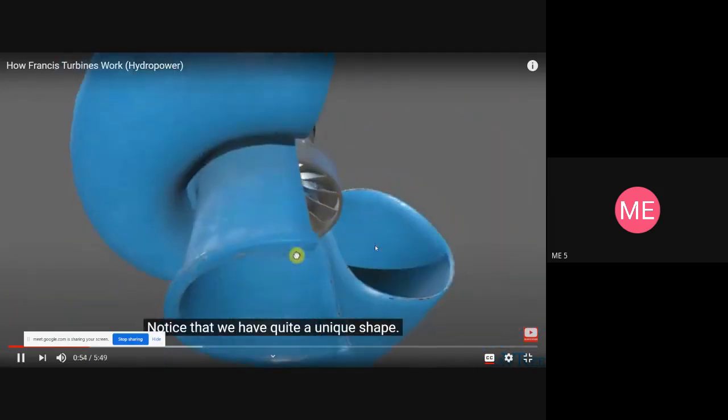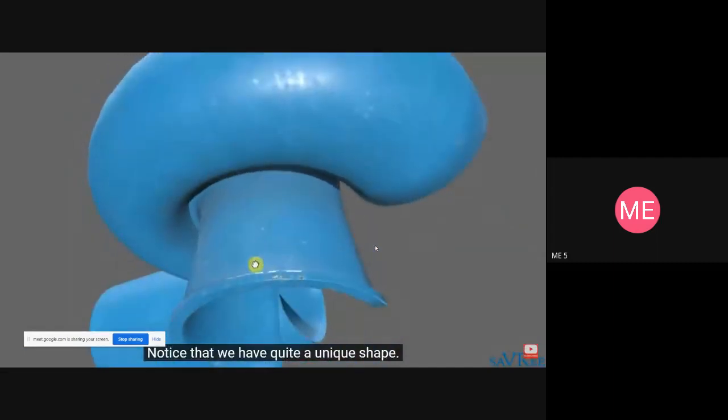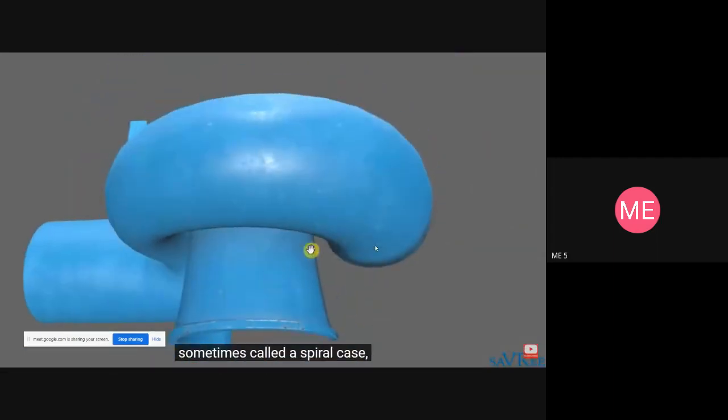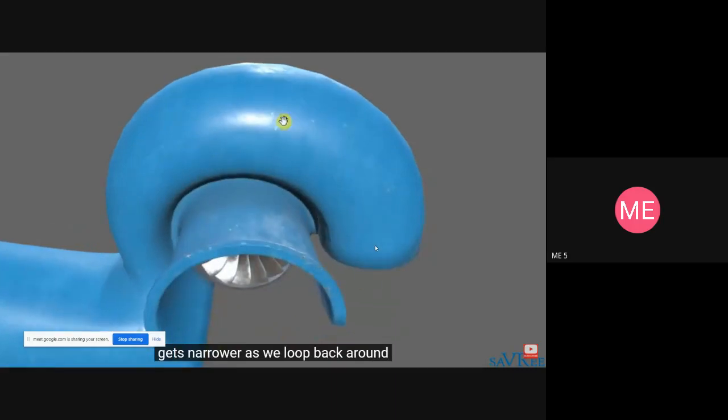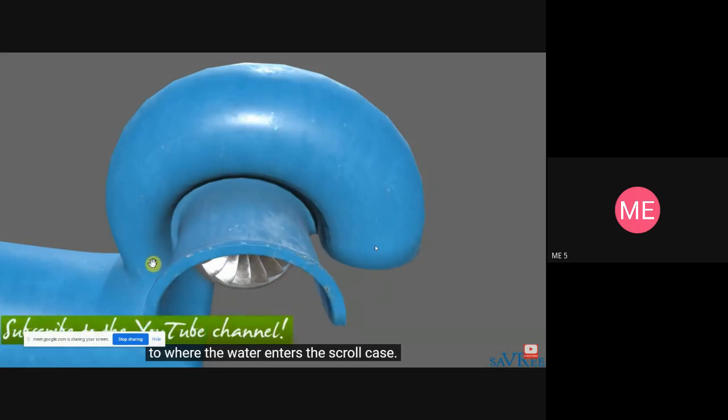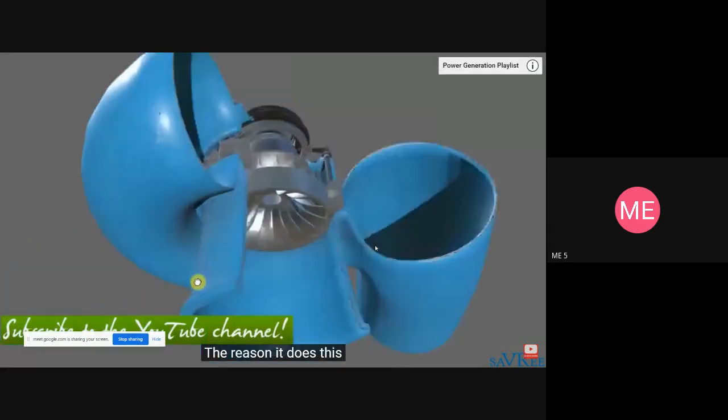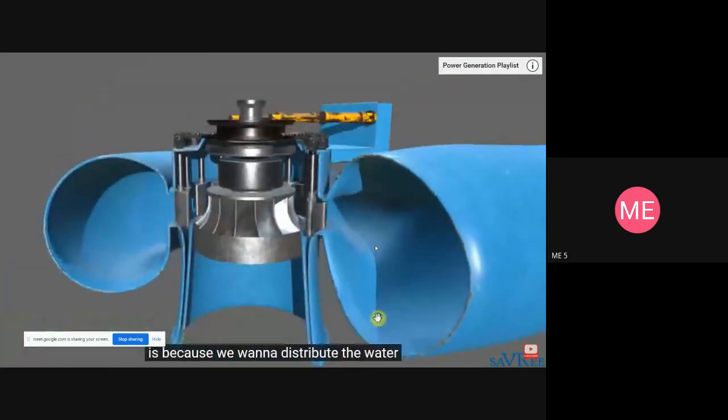Notice that we have quite a unique shape. The scroll case itself, sometimes called a spiral case, gets narrower as we loop back around to where the water enters the scroll case. The reason it does this is because we want to distribute the water to all areas of the runner in an even manner.